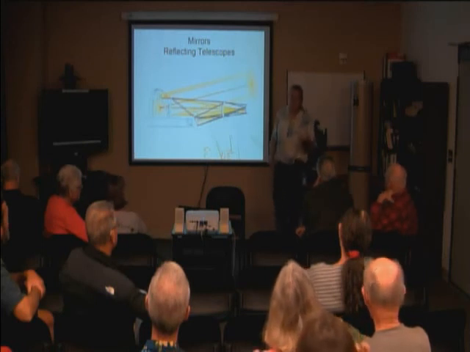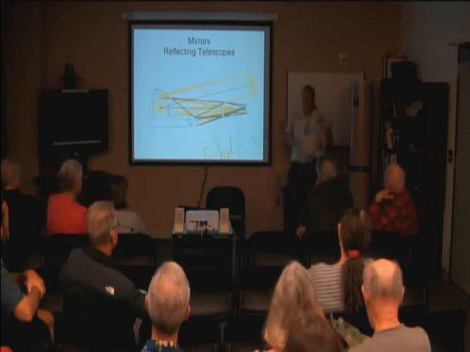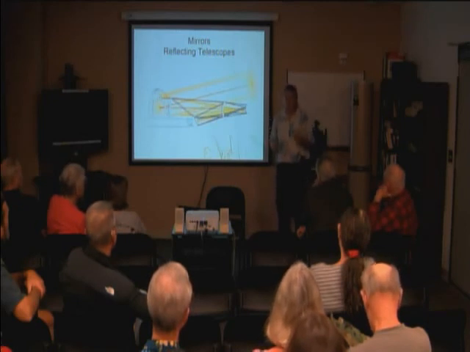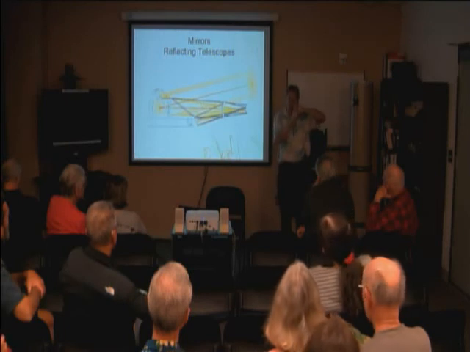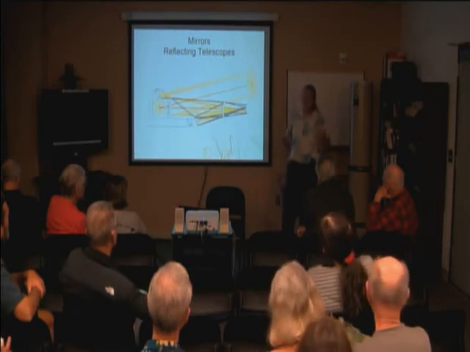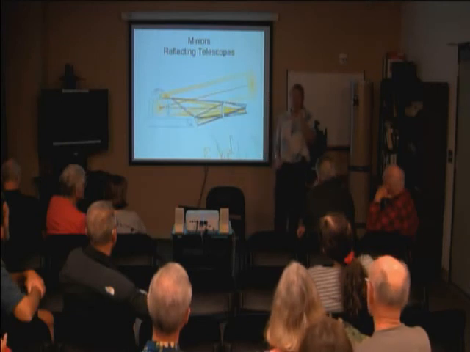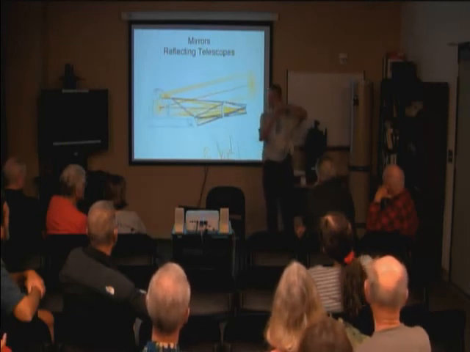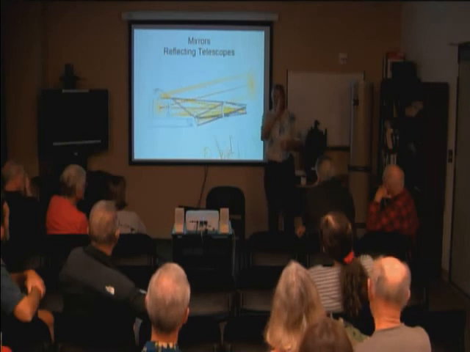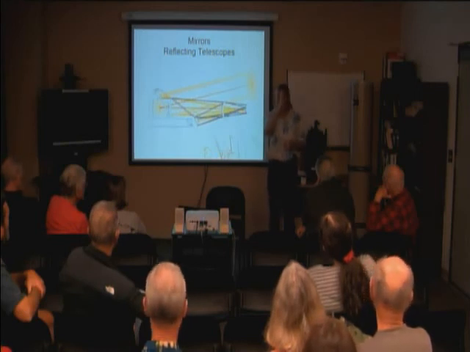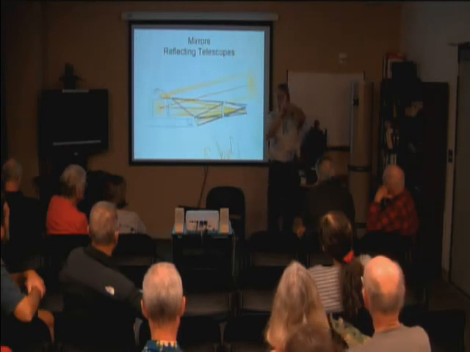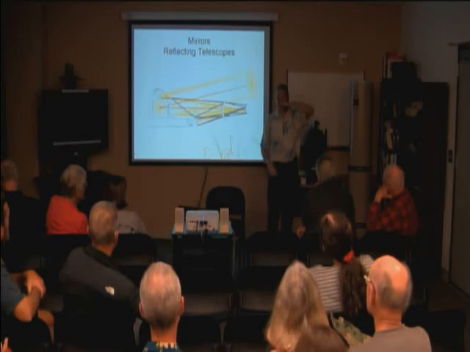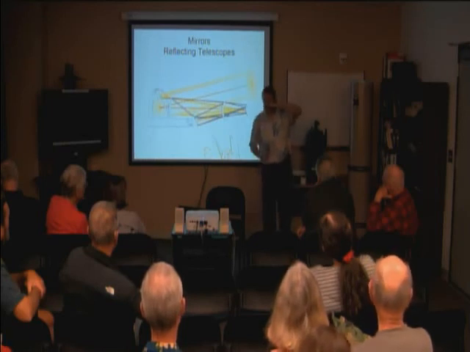The reason is, has everyone in here seen an image from the Hubble telescope? The stars aren't just dots, they have this kind of cross to them. That's because you need some way of holding up that secondary mirror. It's this part of the spider, the structure that holds up the secondary mirror, that creates the spike in this direction, and this part of the spider creates the spike in this direction.